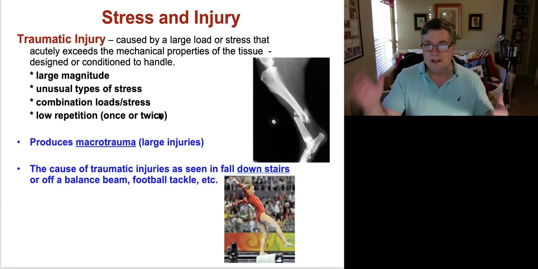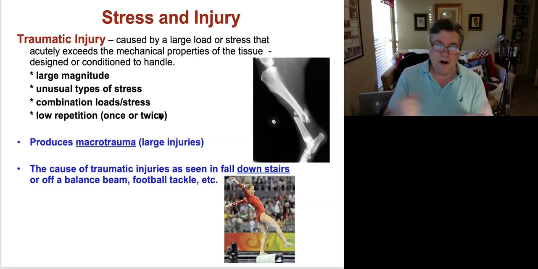You don't need a lot of stressors. So falling off a bicycle, a car accident, a tackle in football, those are all examples of traumatic injuries. So again, bone fractures, tears of a tendon, sprain of a ligament.